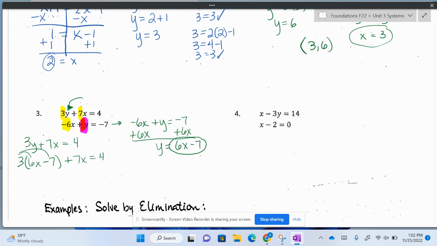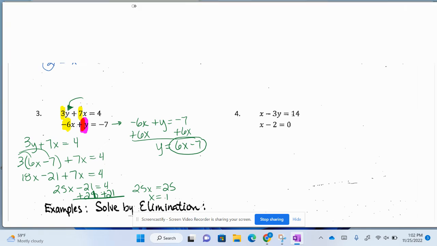And now I need to distribute. 3 times 6x is 18x. 3 times negative 7 is negative 21. Plus 7x equals 4. Let's see, 18 plus 7 is 25x. Minus 21 equals 4. I'm going to add 21 to both sides. Sorry, that was my brain working faster than my hand. So 25x equals 25, which means that x equals 1.